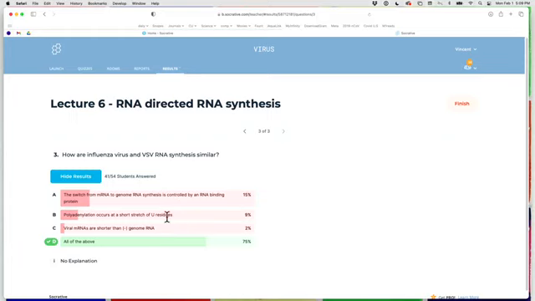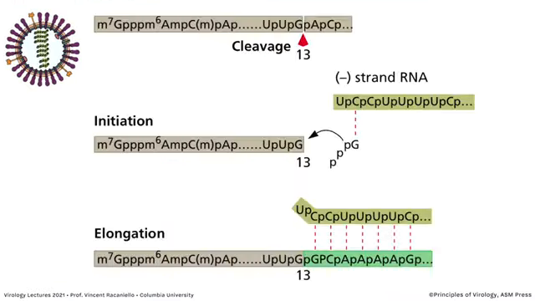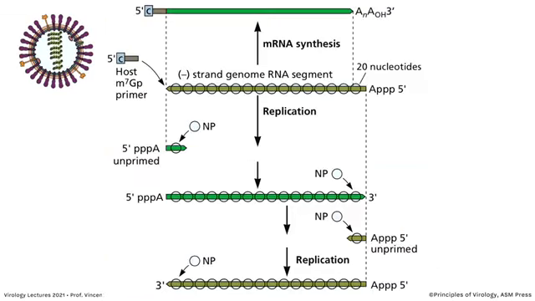Polyadenylation occurs at a short stretch of U. Remember this, the U where the RNA is pulled around the polymerase, and the viral mRNAs are shorter than minus genome RNA. Everybody's right here. Everything is right. You could look at that actually here, right? So the mRNAs are short. The NP controls the transition to full-length plus strands.